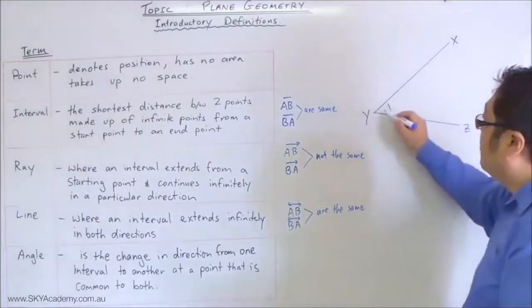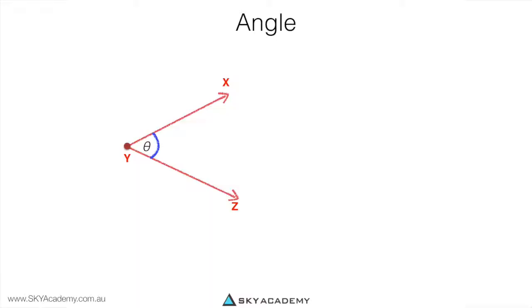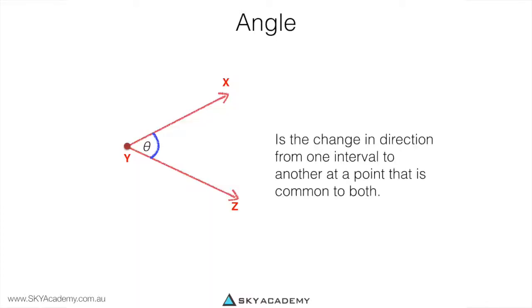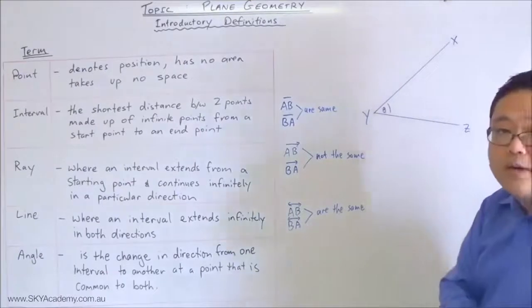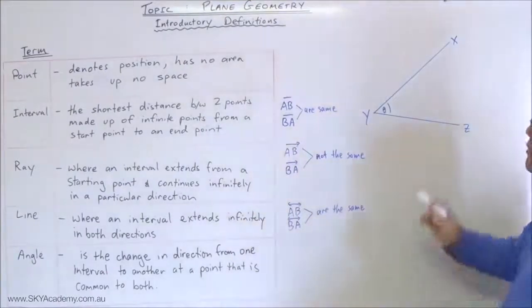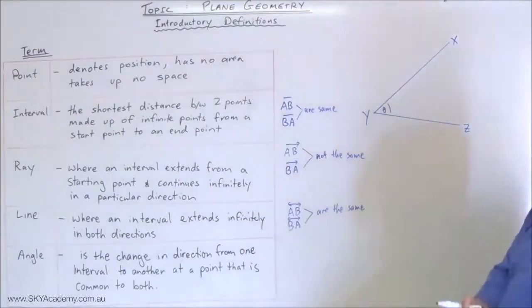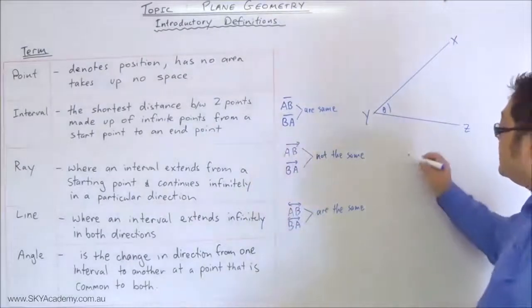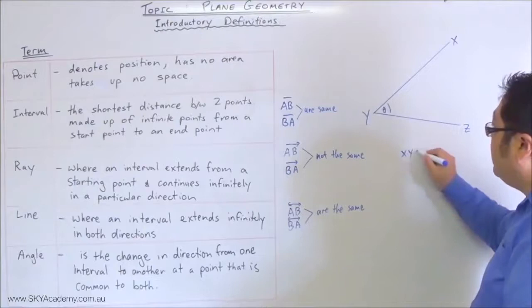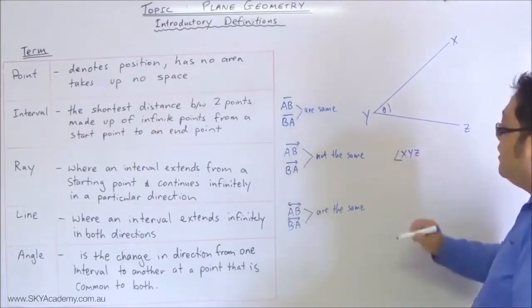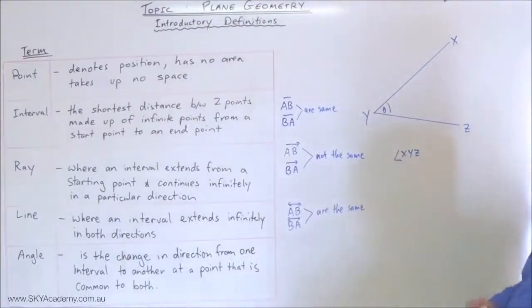And you can call that angle whatever you like. You can call it theta, and theta would represent the measurement of that angle. And of course you know that we measure angles in degrees. But to name that angle there, we can go through a couple of things. We can call that angle XYZ, and we put a little angle sign there.